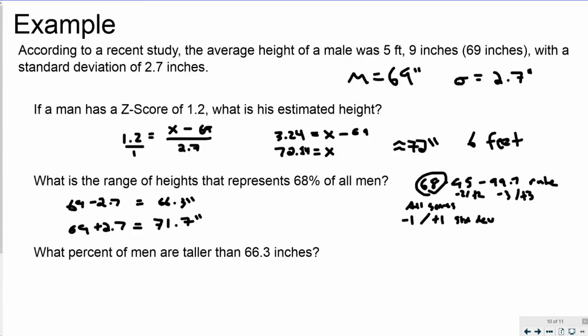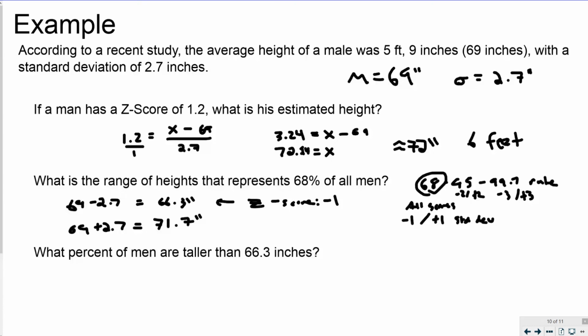So then, what percent of men are taller than 66.3 inches? So 66.3 means that I have a z-score. This would be a z-score of -1.